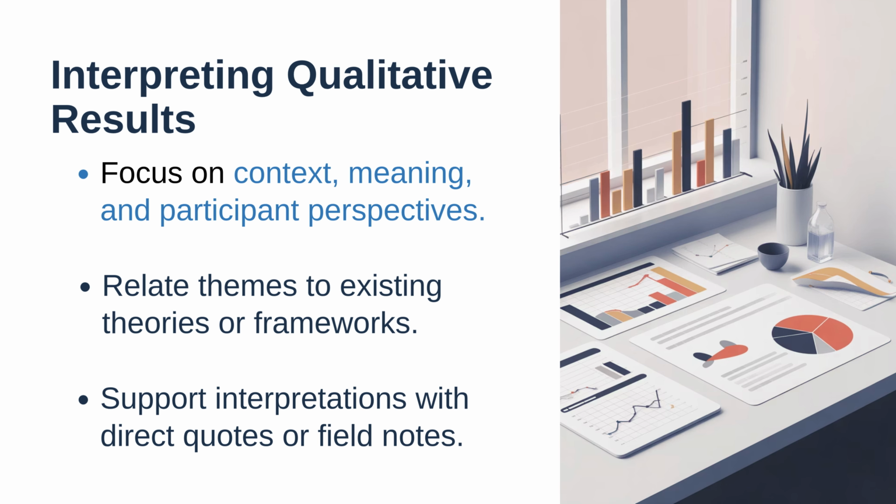Next, relate identified themes to existing theories or frameworks. For instance, linking coping themes to Lazarus' stress and coping theory. Also, use direct quotes or field notes to support findings and give participants a voice.